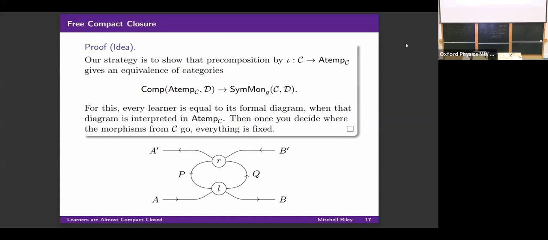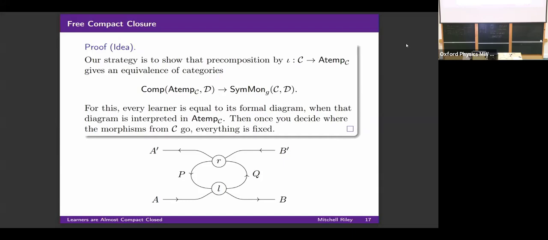And for here, there's a trick, which is that all of the learner diagrams that I've been showing, where we pick a representative and then draw it like this, I'm going to take a diagram like this and actually interpret it in the category of atemporal learners. And we can do that because it's a symmetric monoidal category. It has an inclusion from the original category, which is where this L and R live, and it has cups and caps, which we just showed. So we're taking the formal diagram and interpreting it in atemporal learners.